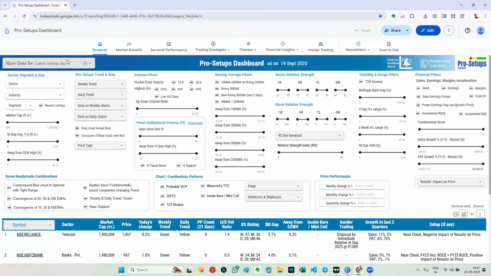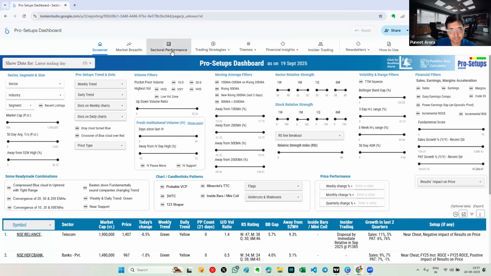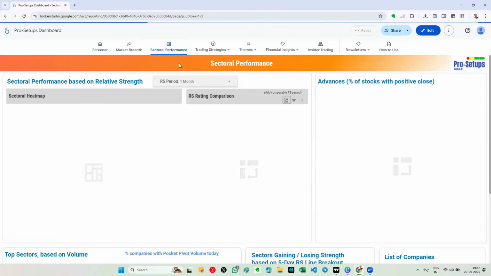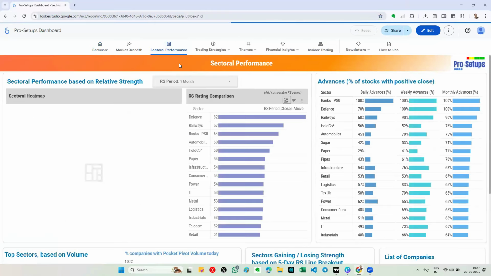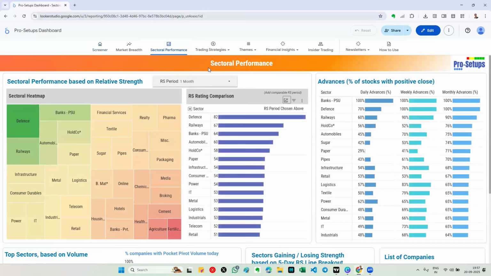Thank you. Puneet, one question on the sector performance tab. If you were to look at the difference between the weekly and the monthly, what would be better to consider: the amount of change that a sector has gained in the RS, or a positive gain plus the higher RS on the weekly?